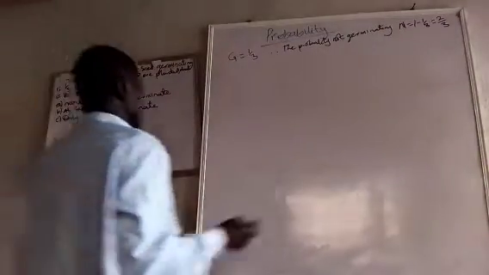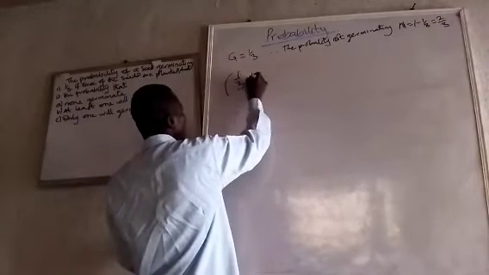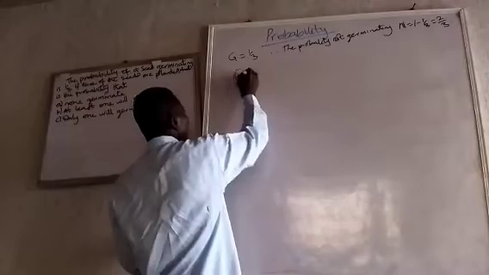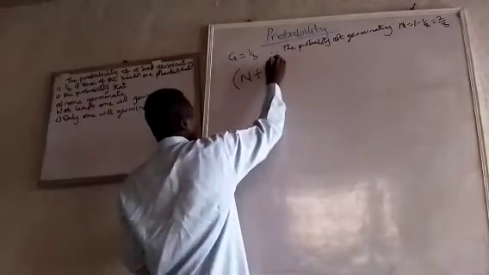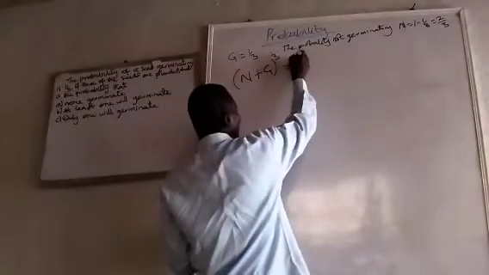Another way you can go about this is by using the binomial pattern. So let me do it like this. It will be N plus G, or Q. So when you do this, it's going to be N cubed.